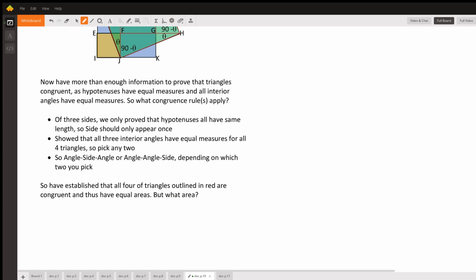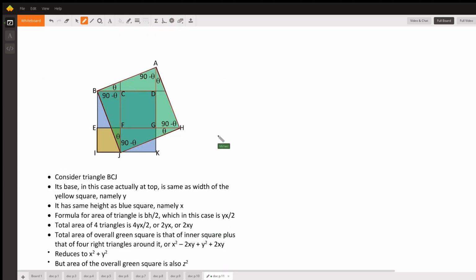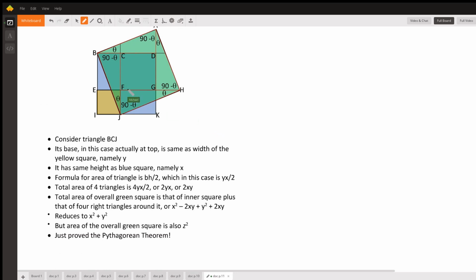But what is that area? If we look at this triangle right here, the area of a triangle is base times height over 2. The base is the width of the yellow square, which is y.